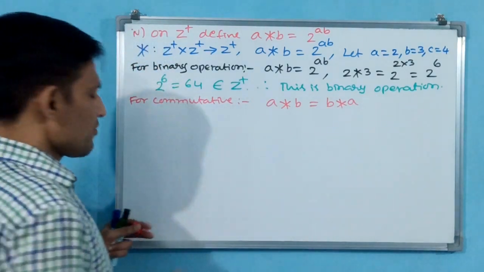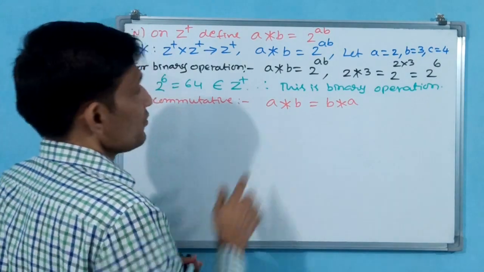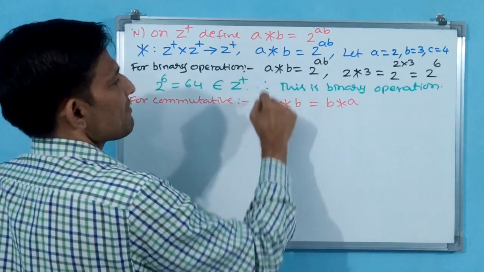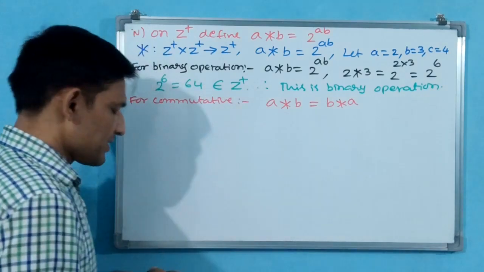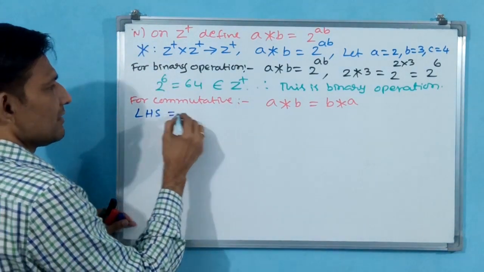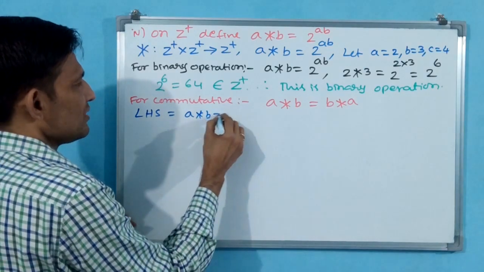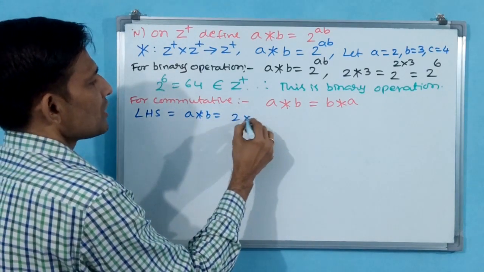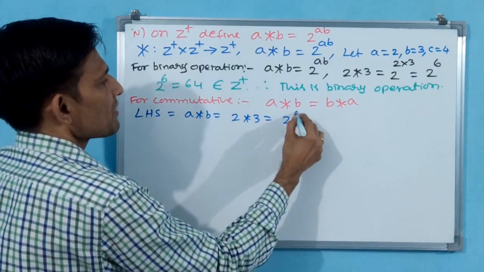This will be the commutative operation. But a star b, the LHS, you already have, 2 power 6. You write that one. LHS is equal to a star b is equal to 2 star 3 is equal to 2 power 6.